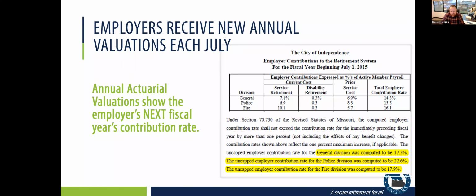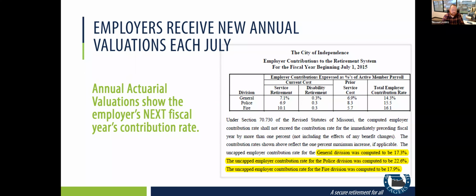So in this case, you could see that Independence had some uncapped contribution rates. If you don't know whether you have one or not, you're going to look at page 13 of your valuation. There's a paragraph at the bottom that will say under section 70.730, and then it will show you what your calculated uncapped contribution rate is.